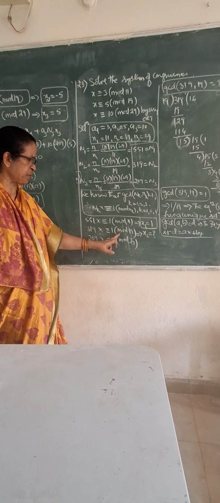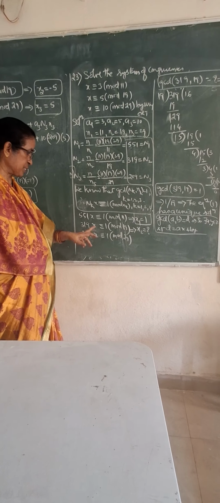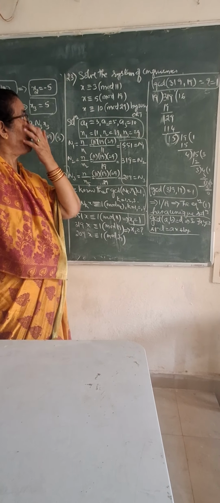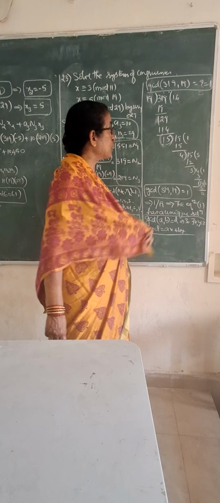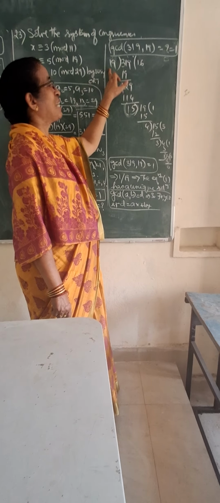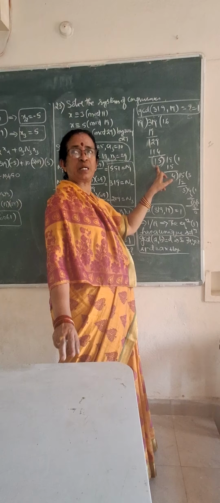Here it is not possible directly to get the solution. So we are going to find out the GCD between 319 and 19, and we are going to show that it is equal to 1. The bigger number is 319. Divide 319 by 19. How many times does it go? 16 times. The remainder is going to be 15.